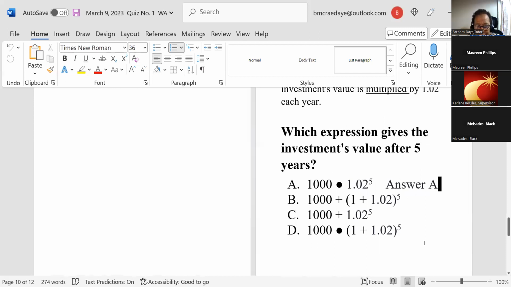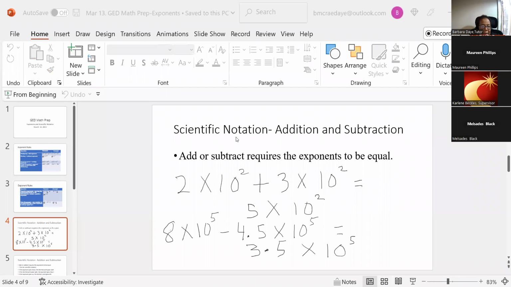Okay. Now let's look at something you said you had problems understanding, and that was adding and subtracting exponents. When the powers are the same, it's just a straight add.